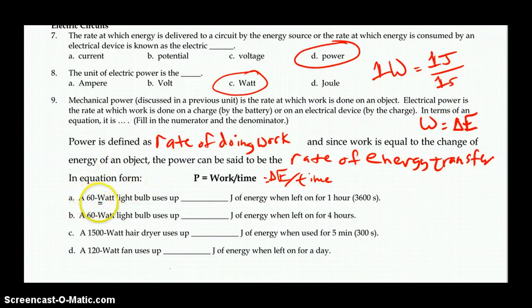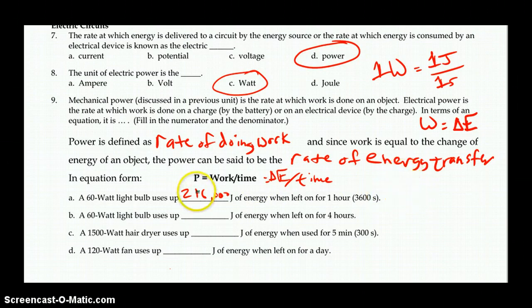So in letter A here, a 60-watt light bulb uses up 60 joules of energy every second. If we multiply 60 joules per second times 3,600 seconds, we get 216,000 joules of energy being used in that 1 hour.